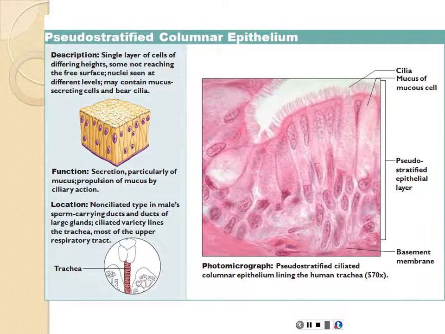Well, you don't really see them here, but yeah, this is what the goblet cells look like. So what the goblet cells do, again, is secrete mucus. Remember in the respiratory tract, I think we talked about this. The cilia, yeah, we talked about cilia and the importance of cilia in the respiratory tract.